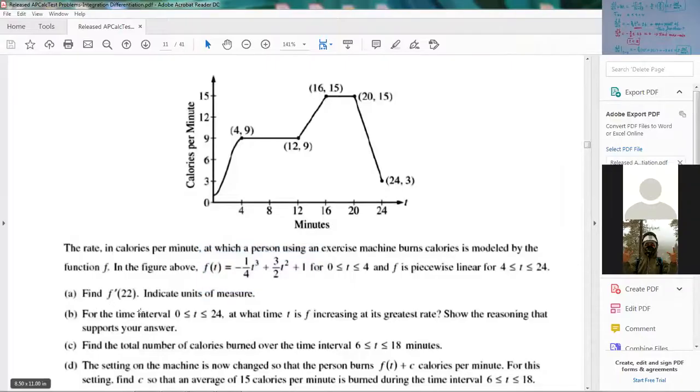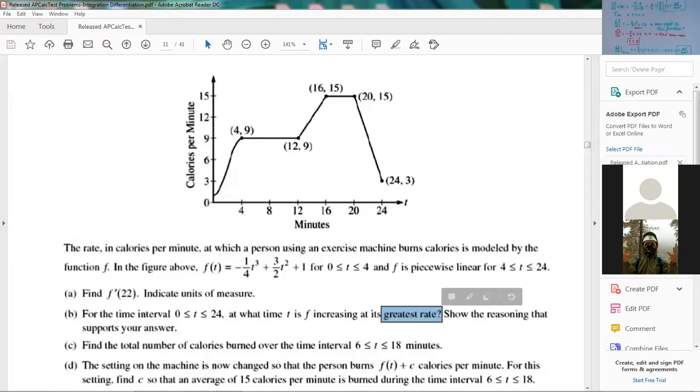This is for the interval 0 to 24, from here to here, right? At what time is f increasing at its greatest rate, correct? t equals 2. So the reasoning that supports your answer: it's increasing at the greatest rate, so the greatest rate is the maximum of the rate of change, correct?